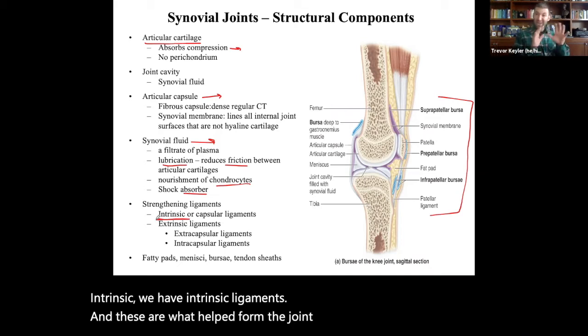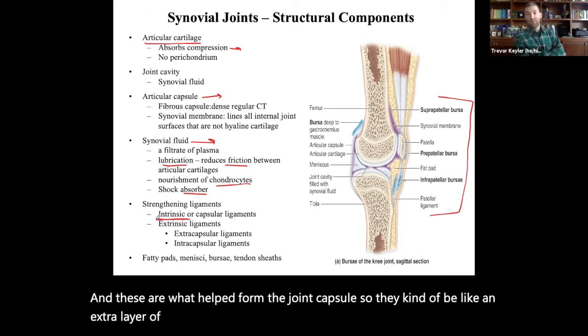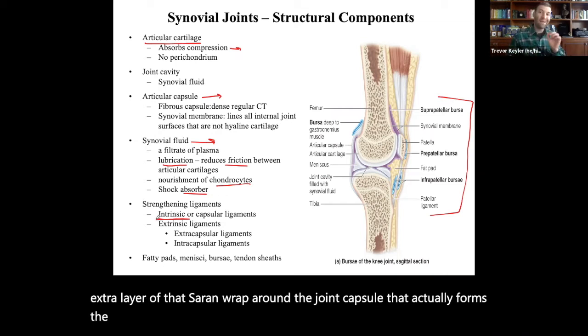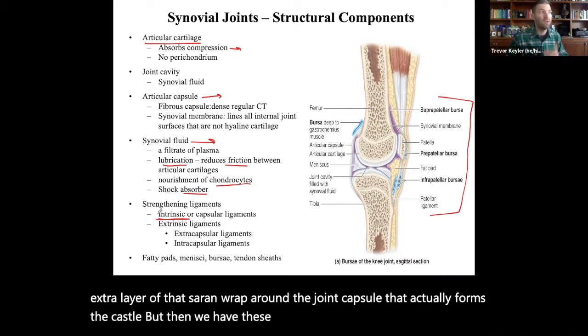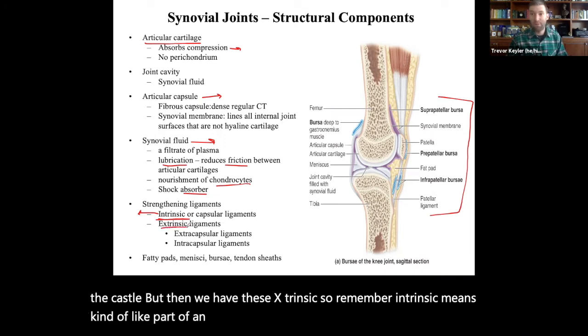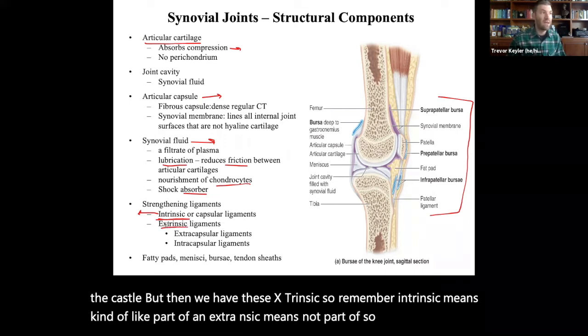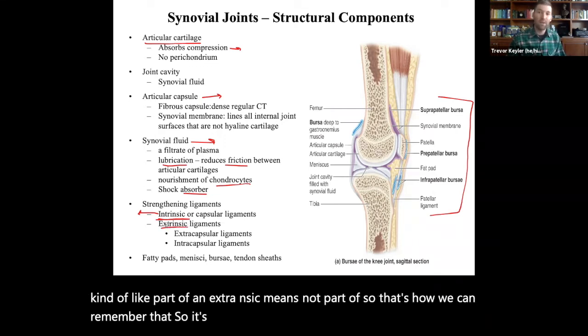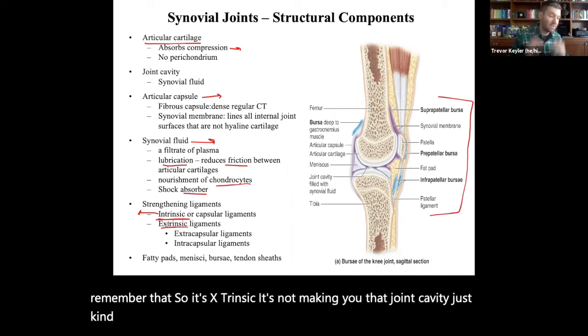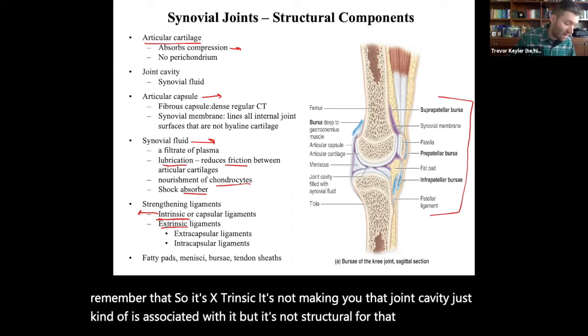They're like an extra layer of saran wrap around the joint capsule that actually forms the capsule. But then we have these extrinsic. Remember, intrinsic means part of, and extrinsic means not part of. So if it's extrinsic, it's not making up that joint cavity, it's just associated with it, but it's not structural for that cavity. They're outside of that cavity.